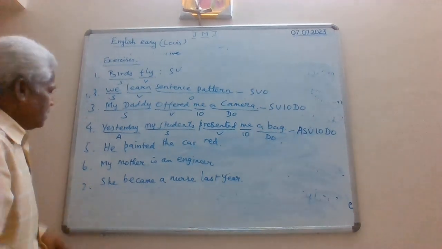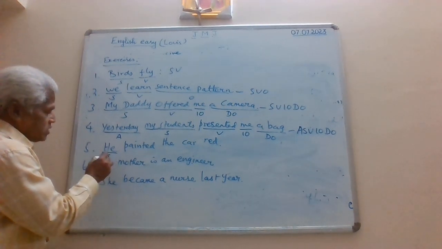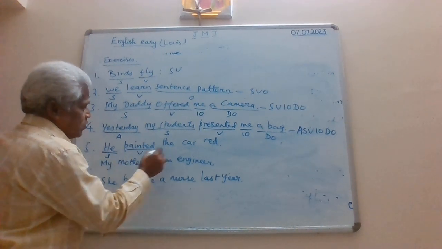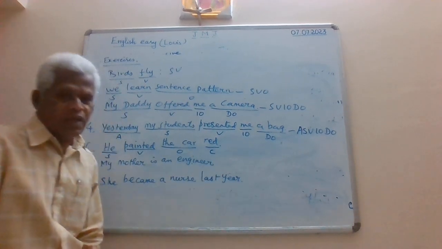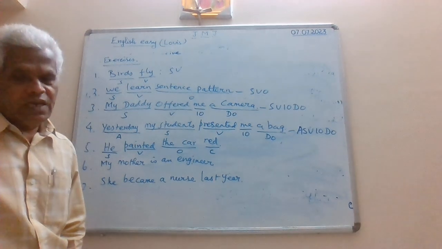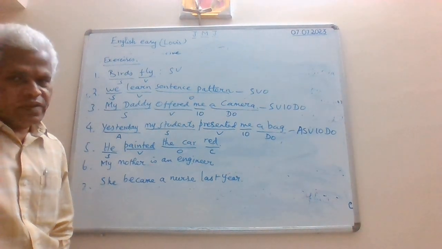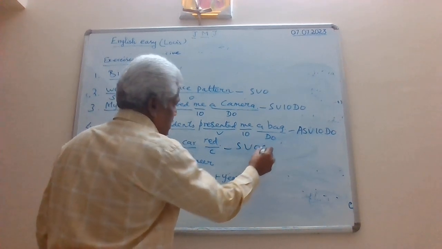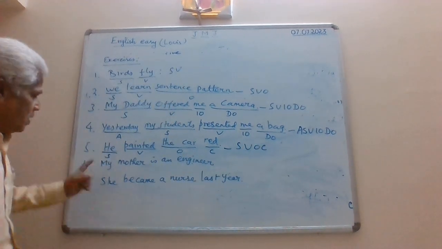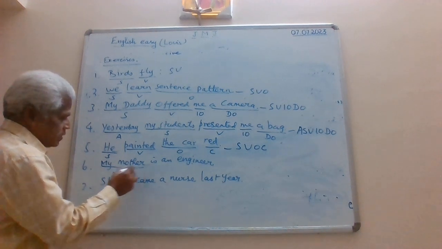Okay? Now the next sentence. He is your subject. Painted is your verb. The car is your object. Red here is a complement. Red is the complement here. Therefore, this is SVOC. What about the next one? My mother is your subject.